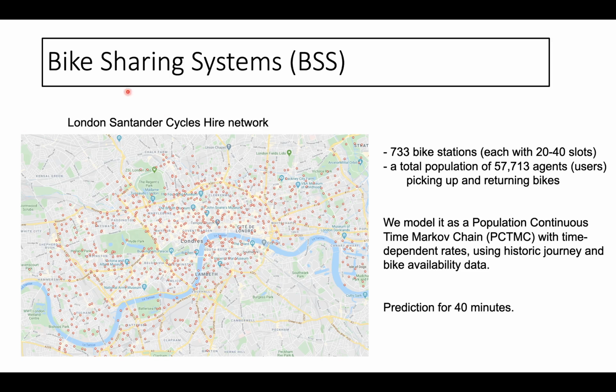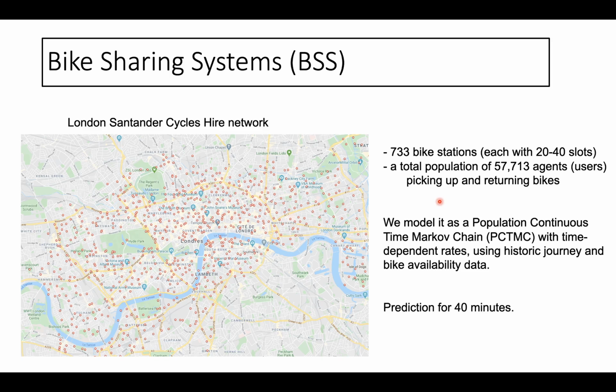We consider the bike sharing system of London. That is a very large bike sharing system. We have more than 700 bike stations, each with 20-40 slots, and a total population of around 60,000 agents, the users that can pick up and return the bike.